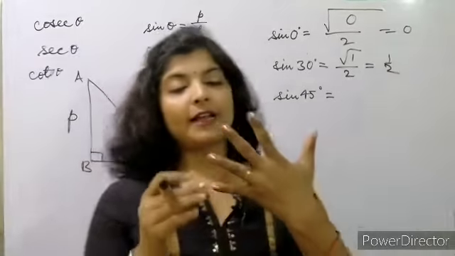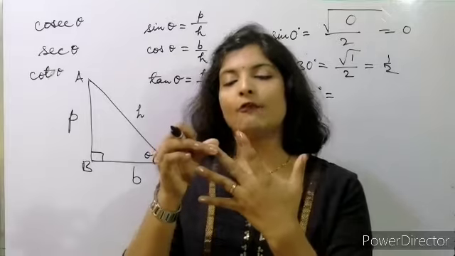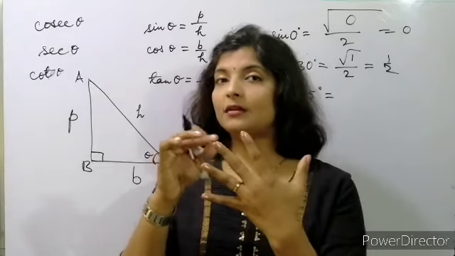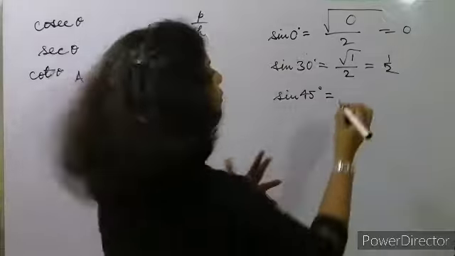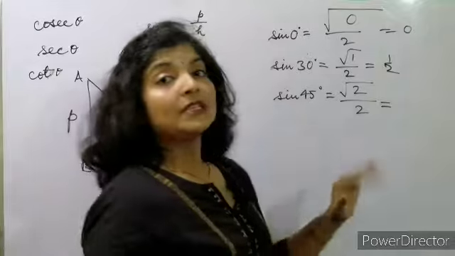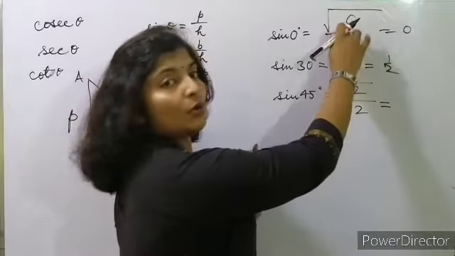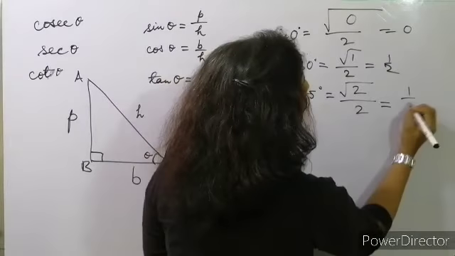How many fingers are there below this? 1, 2. So root 2 upon 2. We just have to write the number of fingers below that finger, under the root, and divide by 2. So it will be 1 upon root 2.